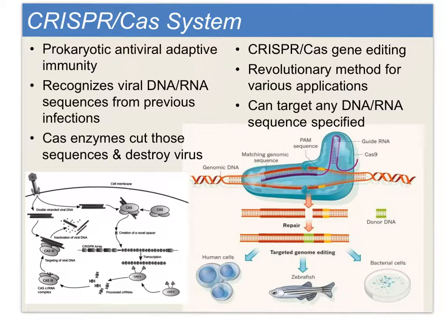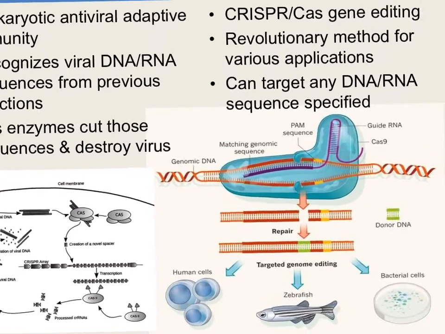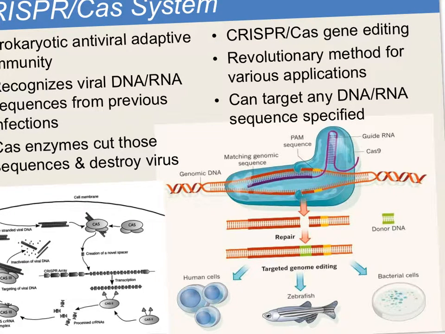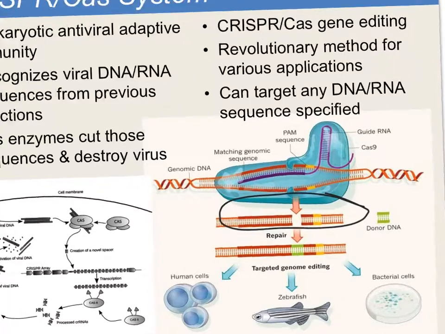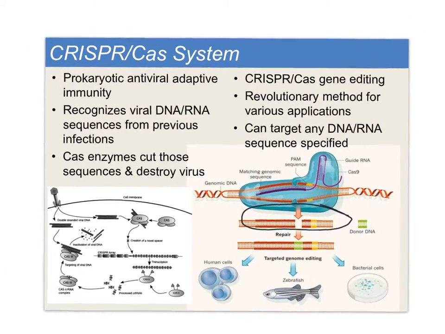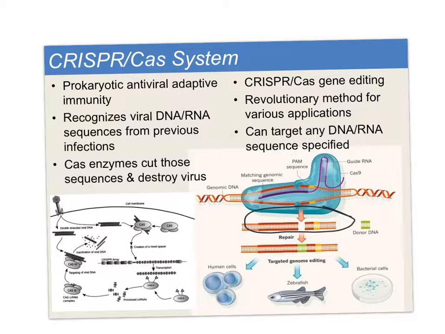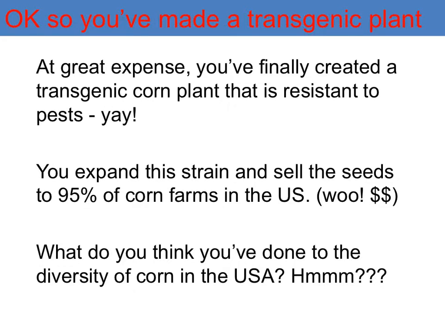You can target certain genes in here, and you can insert new genes or take them out and repair it. And so you have targeted genome editing, and they've done it for all sorts of things, including human cells, zebrafish, bacteria, plants, all that kind of thing. Okay.